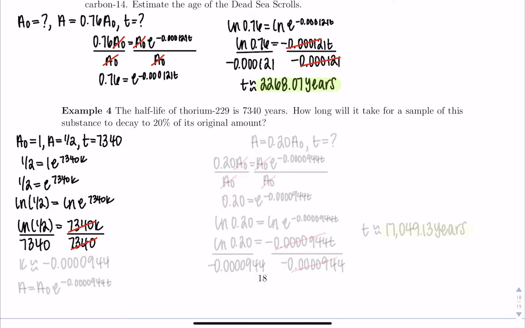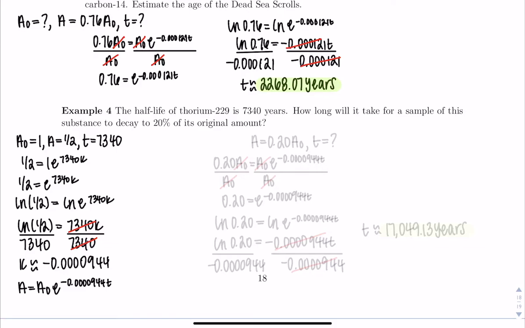And so a decimal approximation of k is about negative 0.00000944. And so our equation is A equals A naught e to the negative 0.000944t.